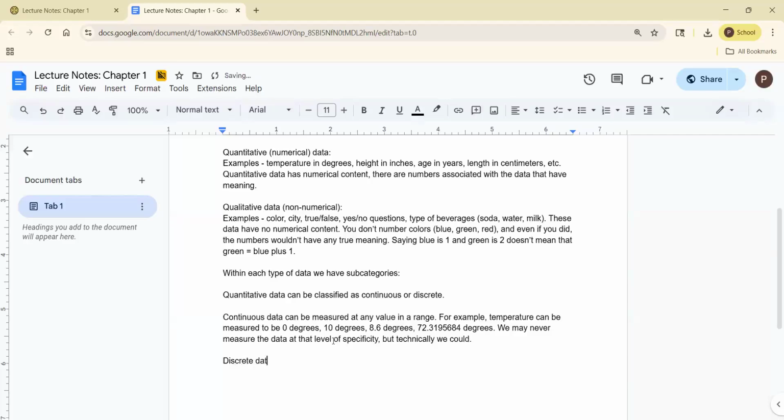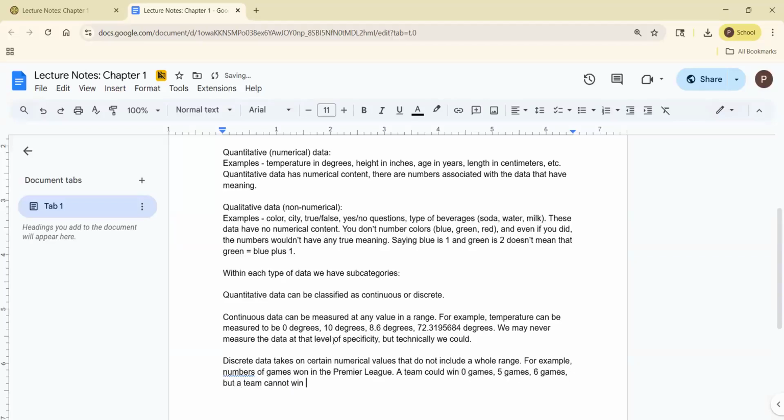Discrete data takes on certain numerical values that do not include a whole range. For example, numbers of games won in the Premier League. A team could win 0 games, 5 games, 6 games, but a team cannot win 6.5 games, let alone 3.46598 games.